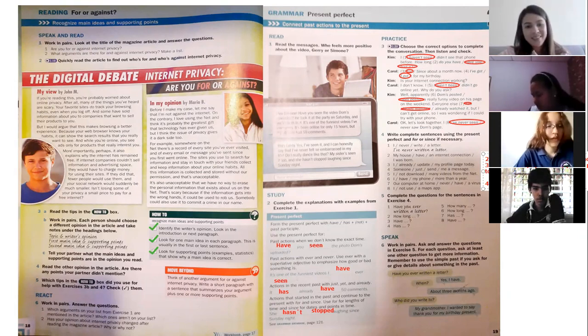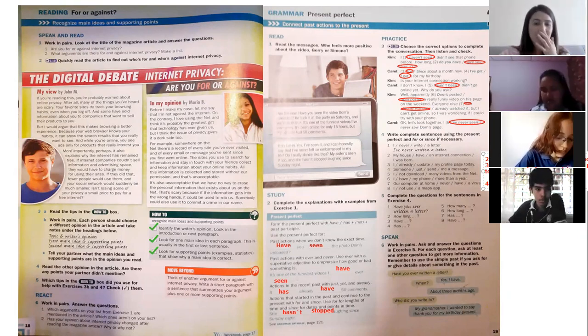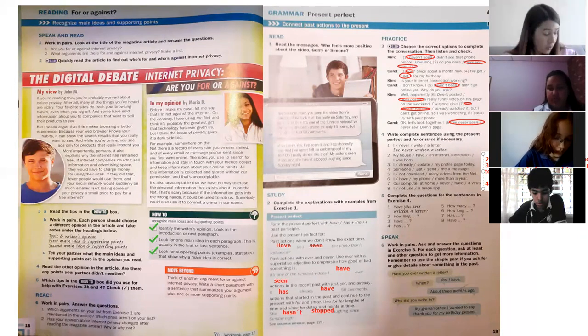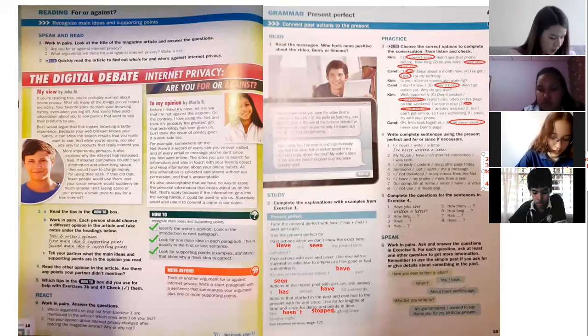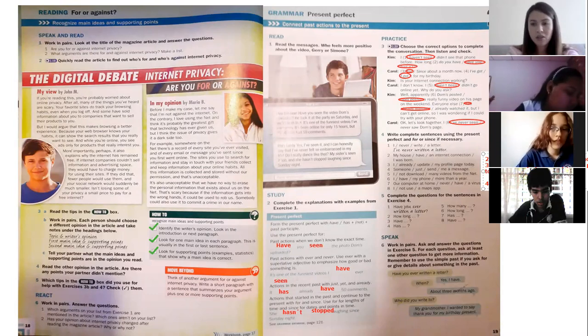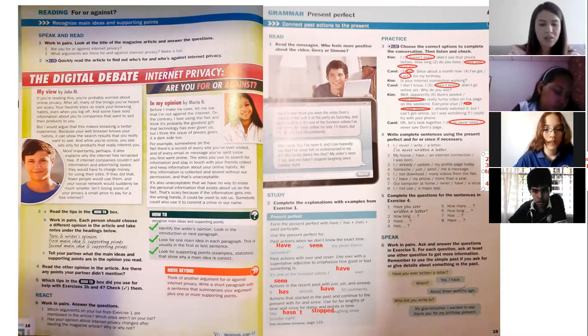Alguien. Como tercera persona, chicos. So it could be someone has. Okay, no puedo ver allí. I have to read here in the book. Someone has just sent me a message.